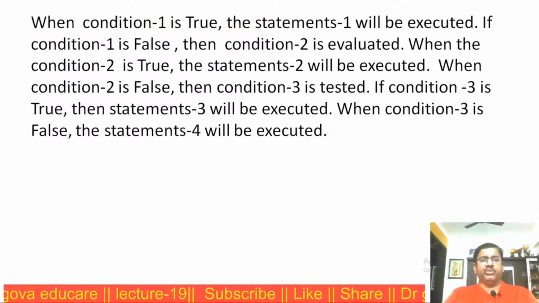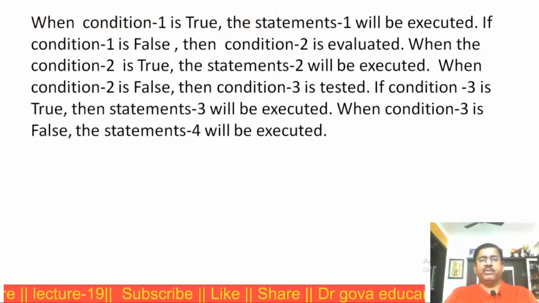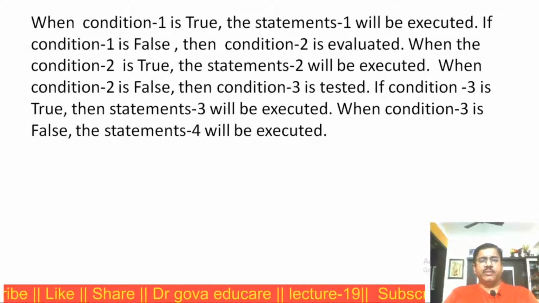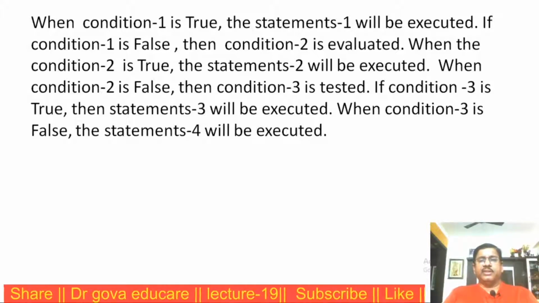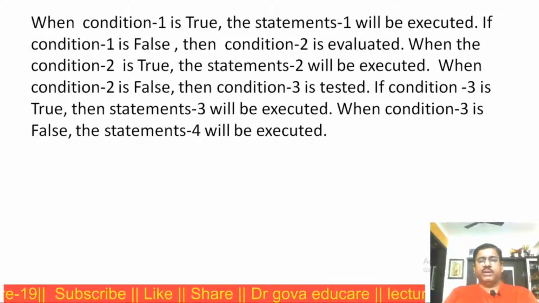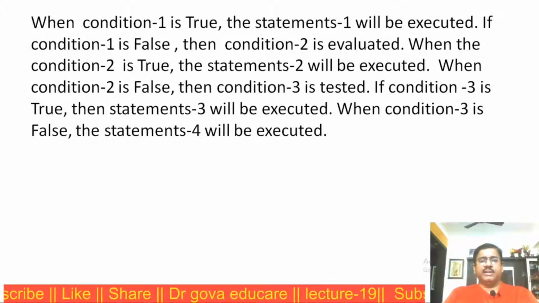Observe: when condition 1 is true, statements 1 will be executed. If condition 1 is false, condition 2 is evaluated. When it is true, statements 2 will be executed. When condition 2 is false, condition 3 is evaluated. If condition 3 is true, statements 3 will be executed. When condition 3 is false, statements 4 will be executed.